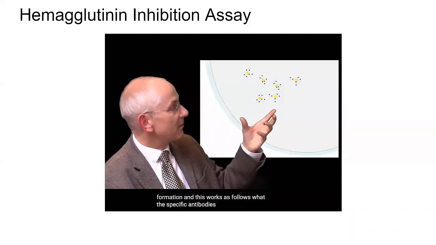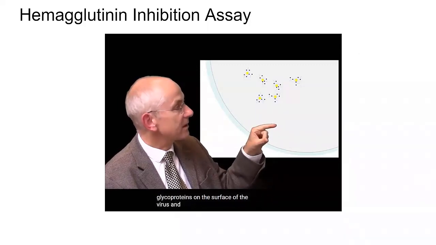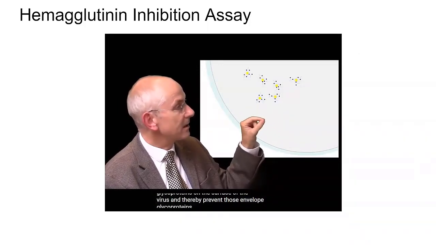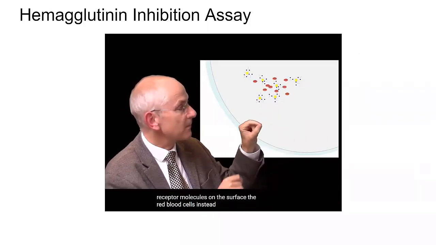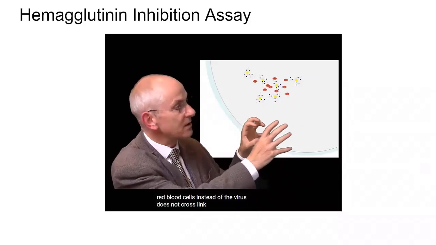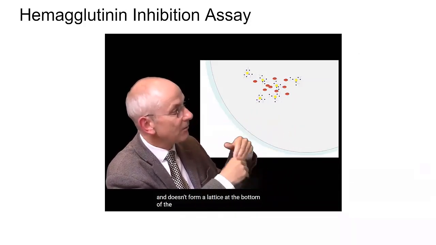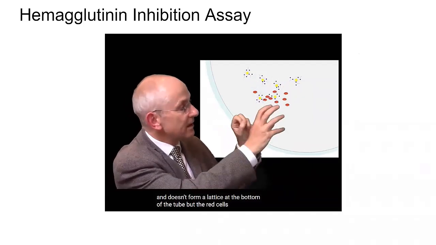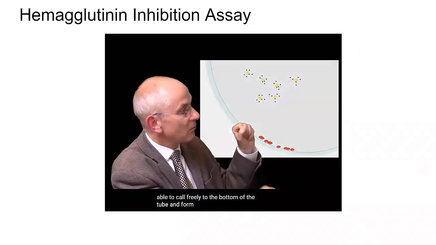The specific antibodies bind to envelope glycoproteins on the surface of the virus, and thereby prevent those envelope glycoproteins from binding to the receptor molecules on the surface of the red blood cells. And so the virus does not cross-link the red blood cells and doesn't form a lattice at the bottom of the tube. But the red cells now are able to fall freely to the bottom of the tube and form a button.